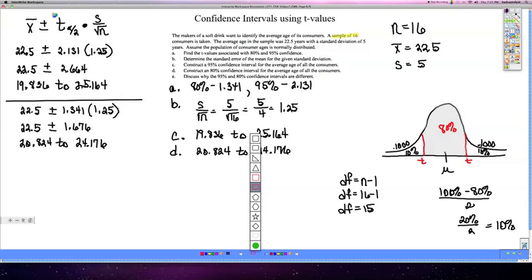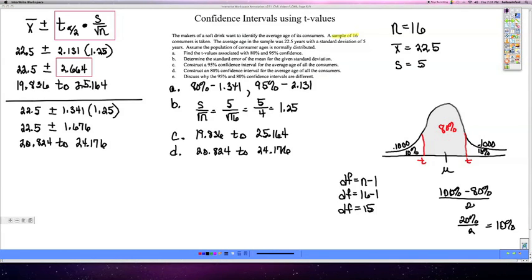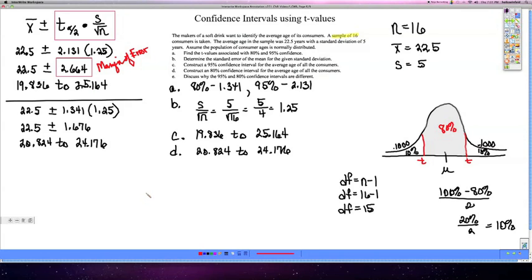When we multiply the t-value by this standard error, we get this value, which is usually called the margin of error. That margin of error is added to the 22.5 and subtracted from the 22.5.